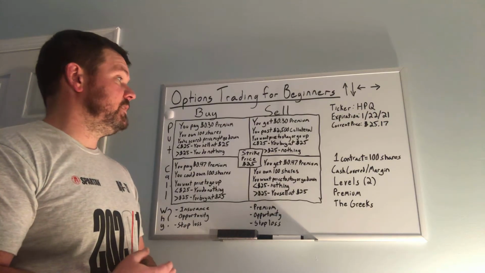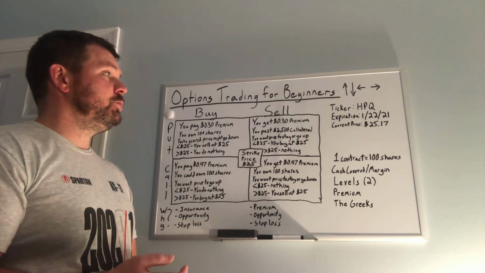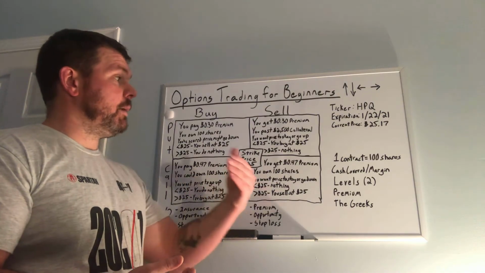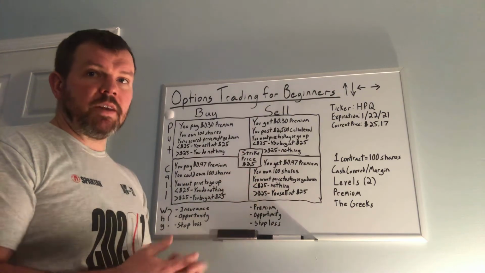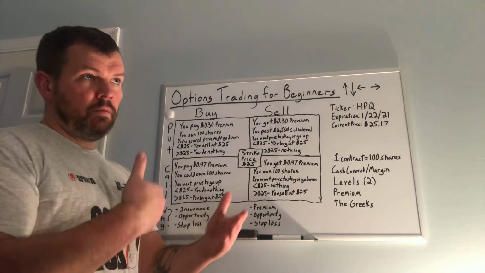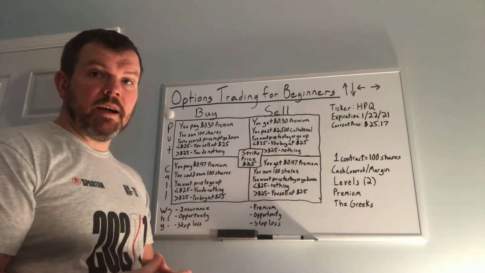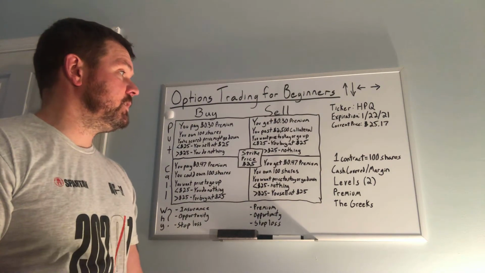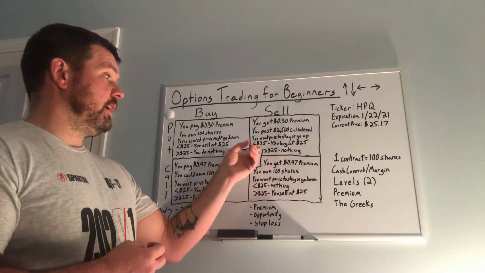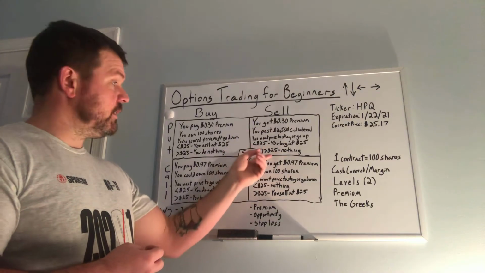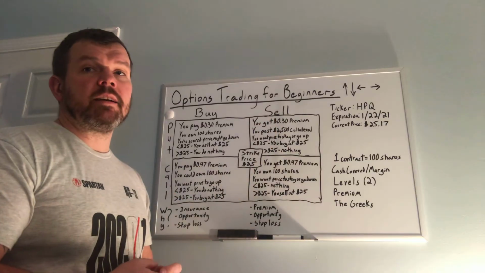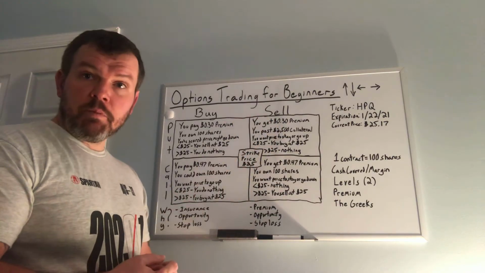Now, as the seller of the put, you typically want the stock to go up, to stay above the $25. Because in the end, when the options contract expires, then nothing happens. Because as you can see, again, if at expiration it's greater than 25, nothing happens. And you get your collateral back. And you keep the premium.